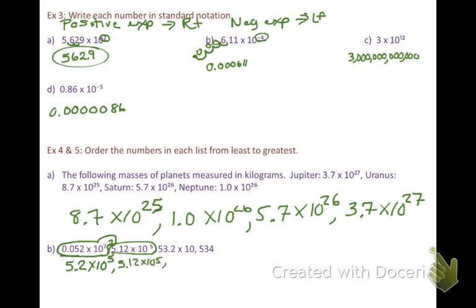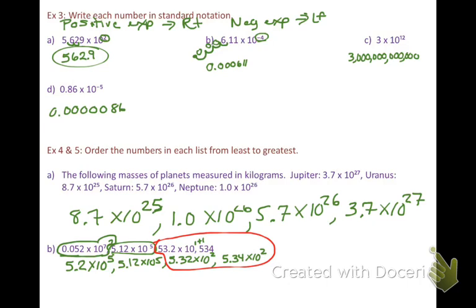How about the third and fourth one? Are they in scientific notation form? No, please put them in there. Now, we look at the smallest exponent. Which one has the smallest exponents? The last two, right? These two.